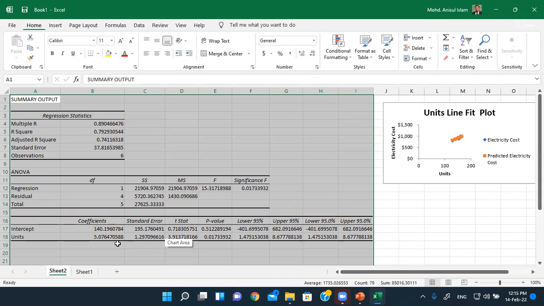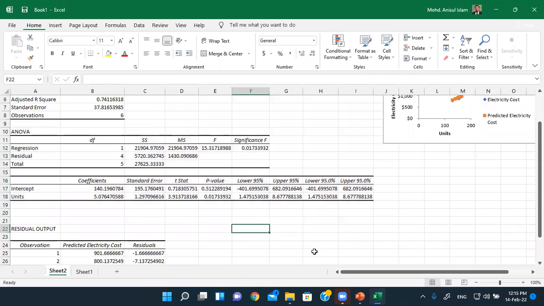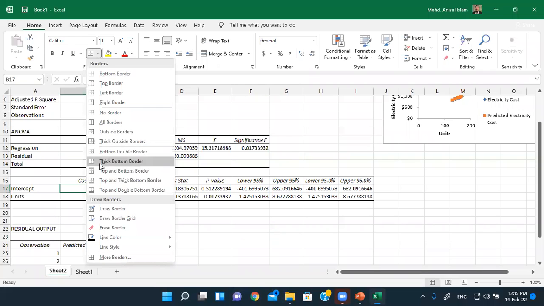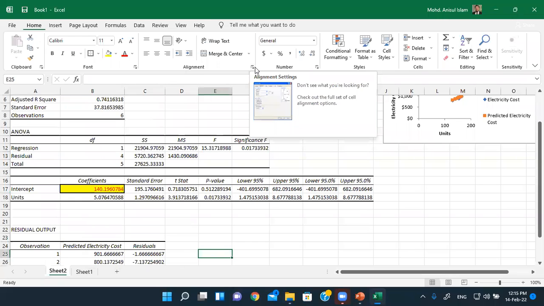This is our fixed element. This is not something new. I'm highlighting it. The intercept is equal to 140.20 if we express it in two-digit decimals.